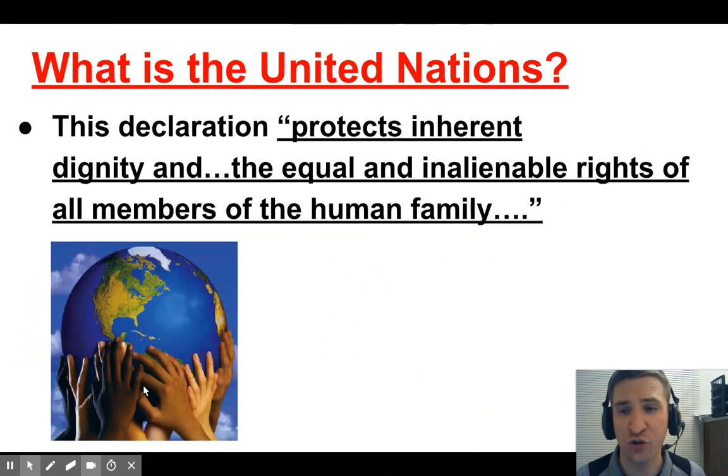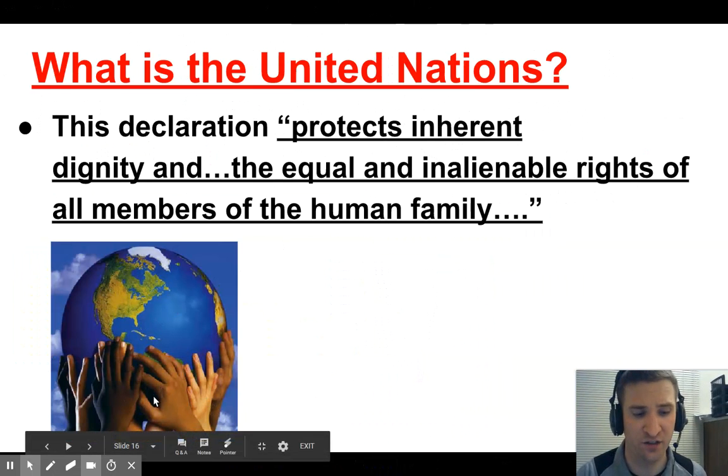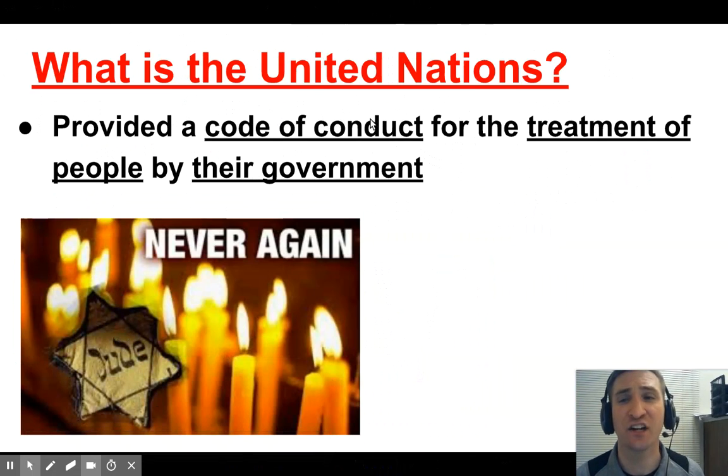So it wasn't any one country, it was every single human being on earth deserves certain rights. It provided a code of conduct for the treatment of people by their government so that genocides like the Holocaust would never again happen.